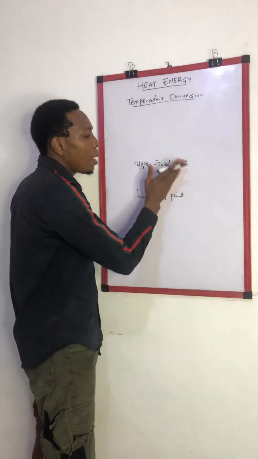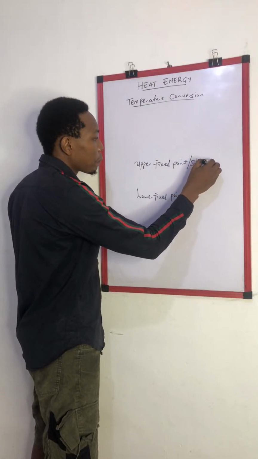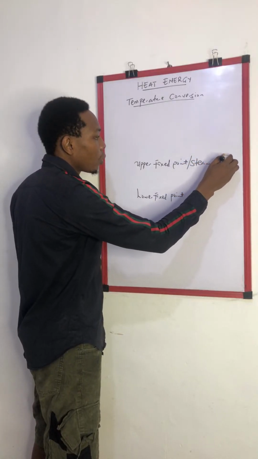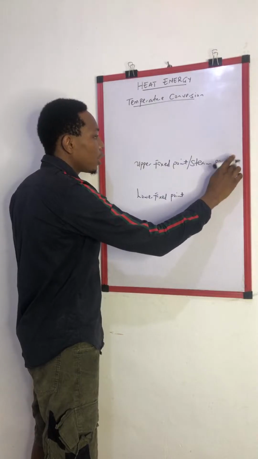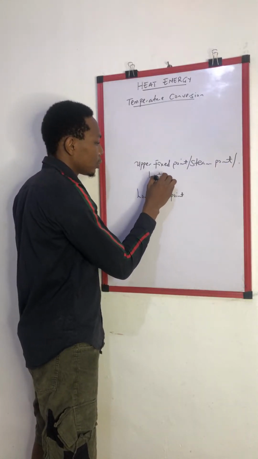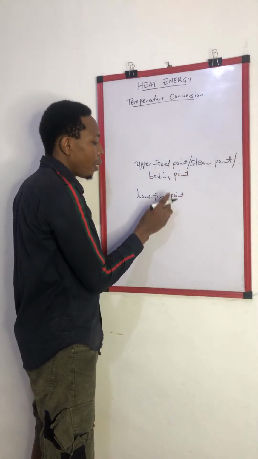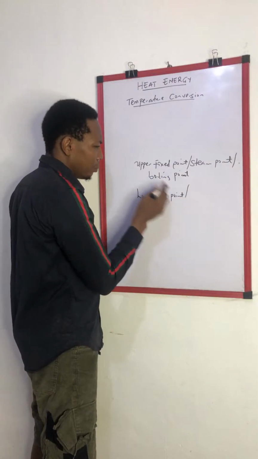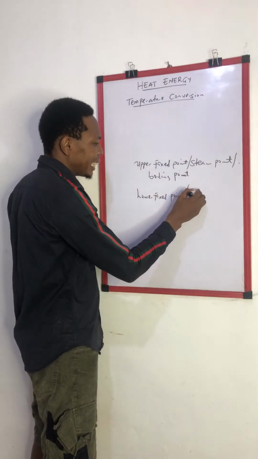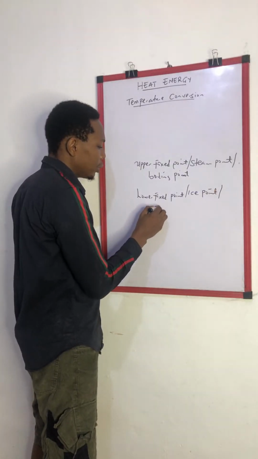Now, our upper fixed point is also known as the steam point, or you can also call it the boiling point. Then the lower fixed point is also known as the ice point, or you can call it the melting point.